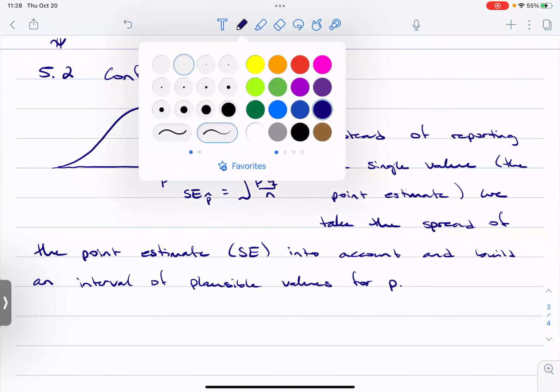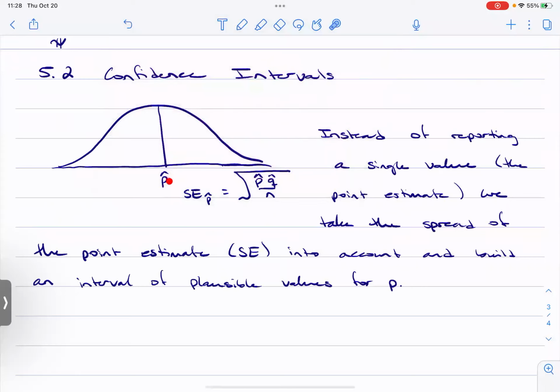Well, it means that from P hat, so from our sample proportion, we're going to capture the central 95% of this distribution of P hats, okay, which is going to give me some lower value for P hat and some upper value of P hat, right? So I'm going to get this range covering the central 95%.